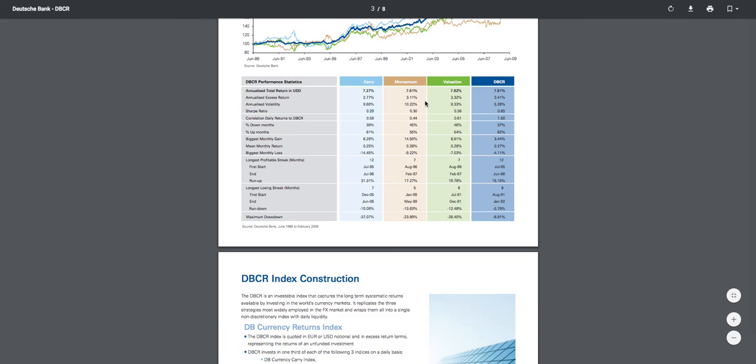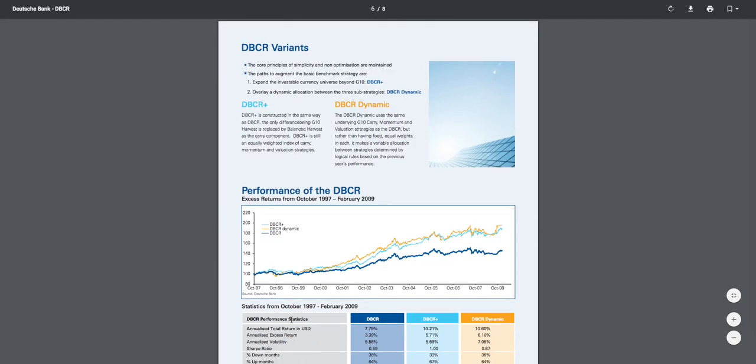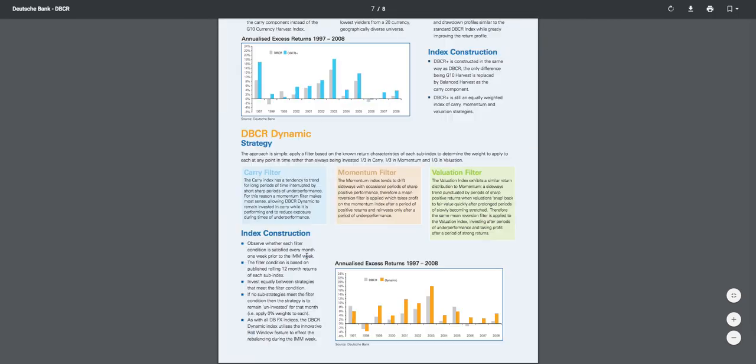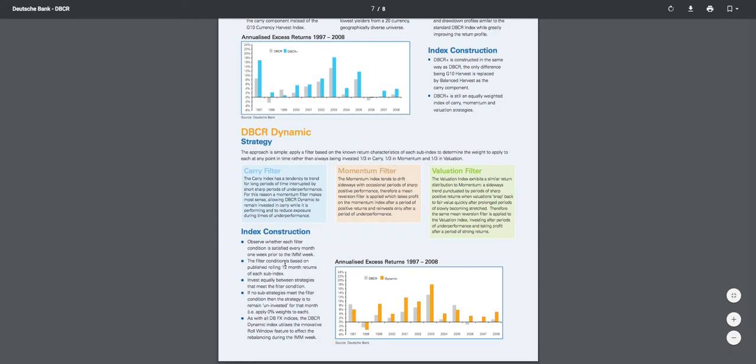That's what they have between 1989 and 2009. And it shows for the other strategies the Sharpe ratio you should have. And I'll show in a second the more updated performances. And that's on the DBIQ website that Deutsche Bank has. And it just shows the various indices, anyways, in real time.